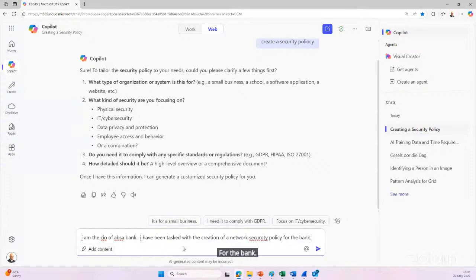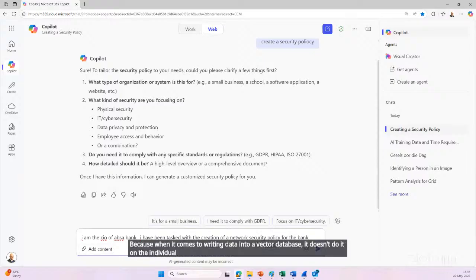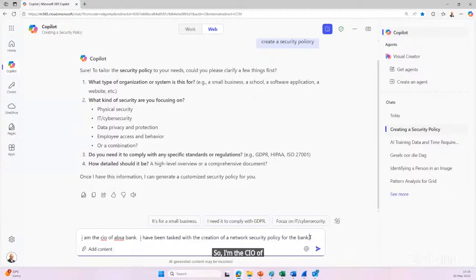Okay. I'm not too worried about the spelling because it will be able to interpret it. Because when it comes to writing data into a vector database, it doesn't do it on the individual character level, but on the word and the context of the word. So I'm the CIO of Absa Bank. I have been tasked with the creation of a network security policy.